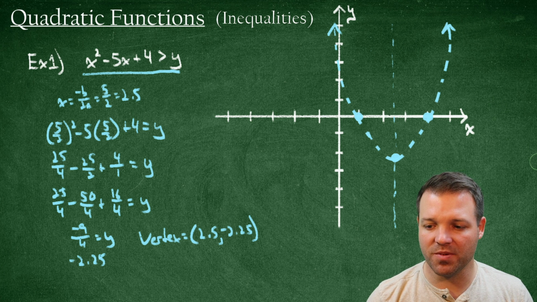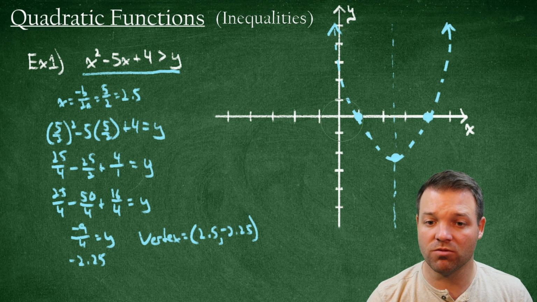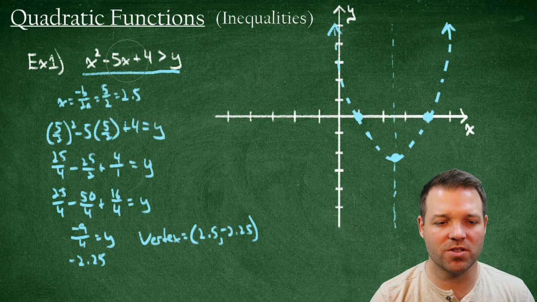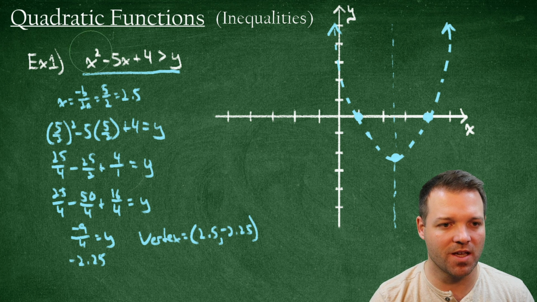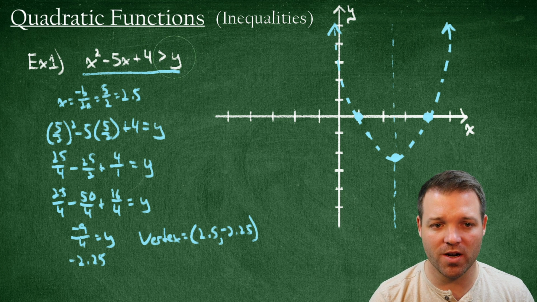And then the last step is really just to determine which side needs to be shaded. So let's go ahead and figure that out. So I'm going to go ahead and plug in 0, 0, since that's not on the curve. And so if I plugged in 0, 0, I actually don't even have to write this out. It's that easy. So that would be 0 minus 0 plus 4. So that's 4 on the left side, and then 0 on the right side. So is 4 greater than 0?